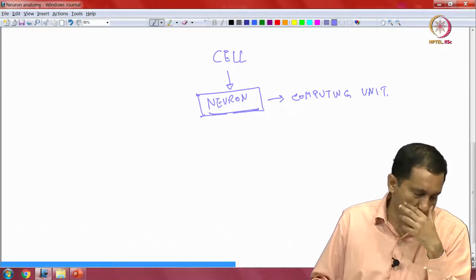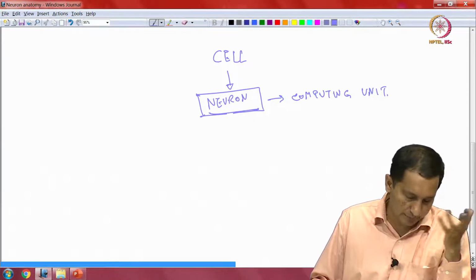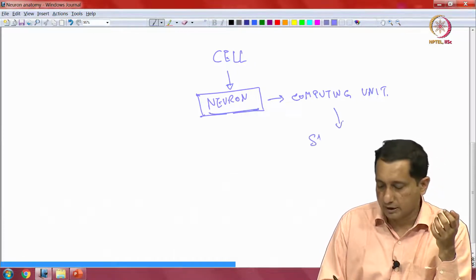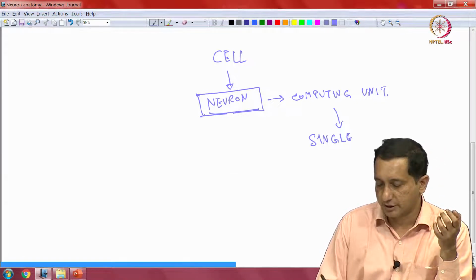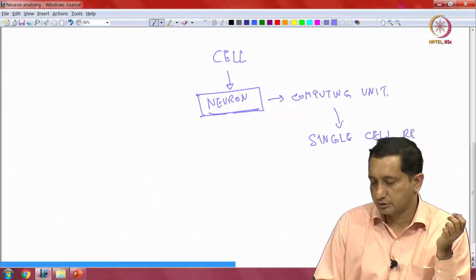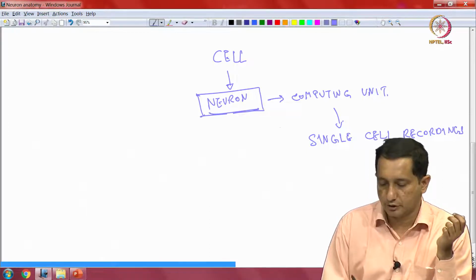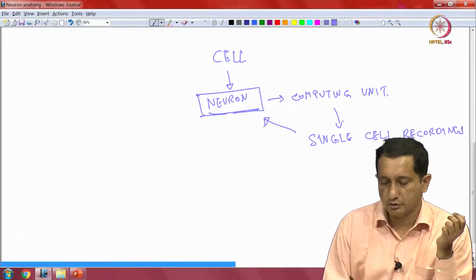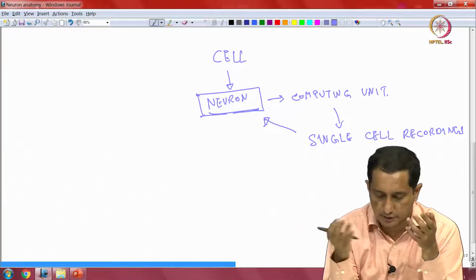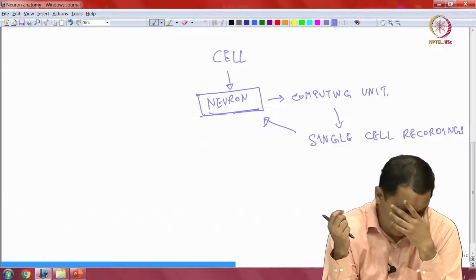Those people who have biological or biomedical backgrounds would understand something called single cell recordings. You do single cell recordings from a neuron. So, the output of a neuron is what is called single cell recordings.